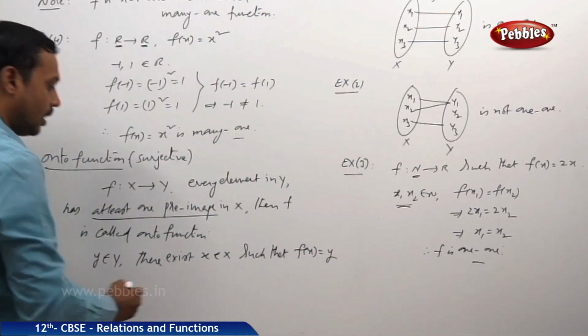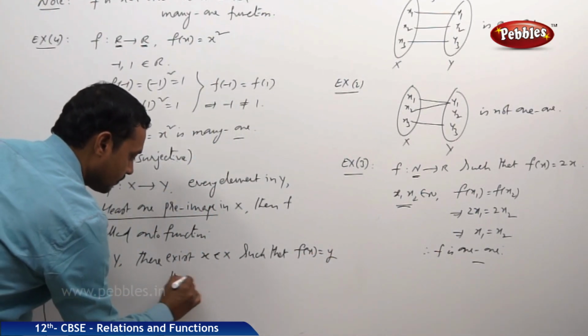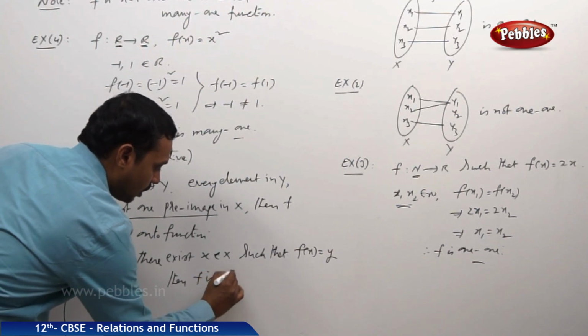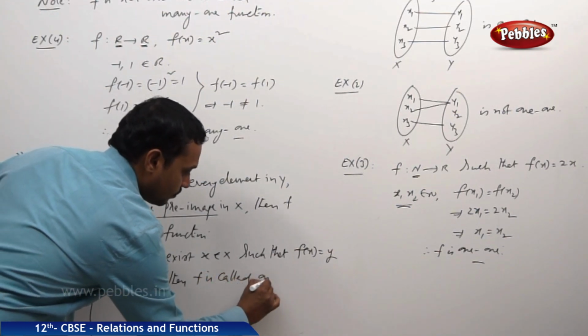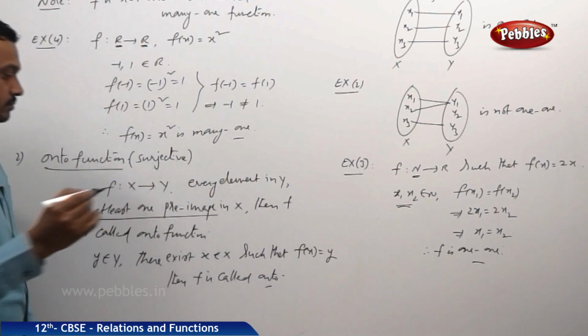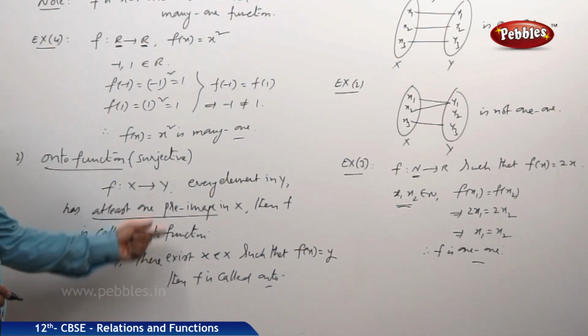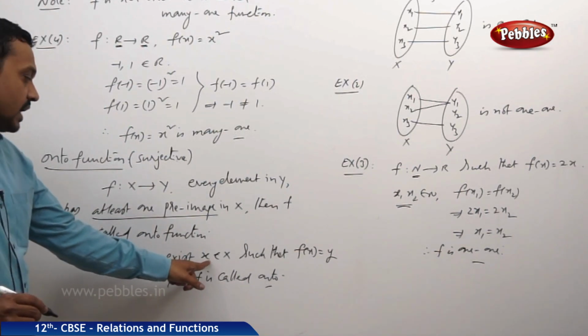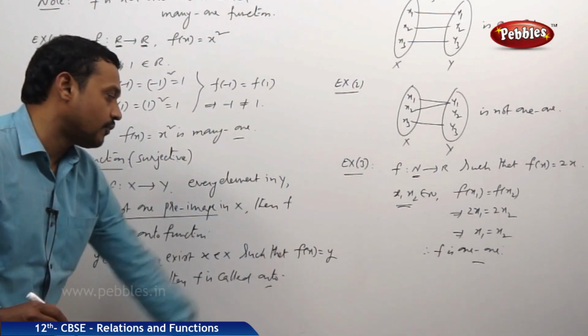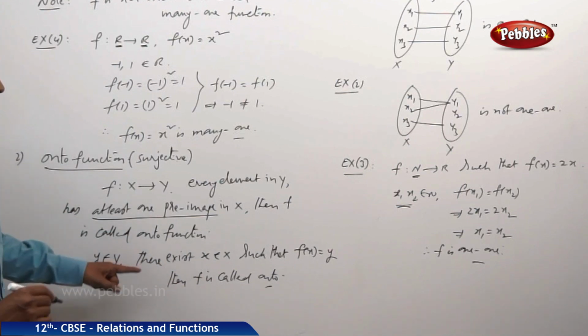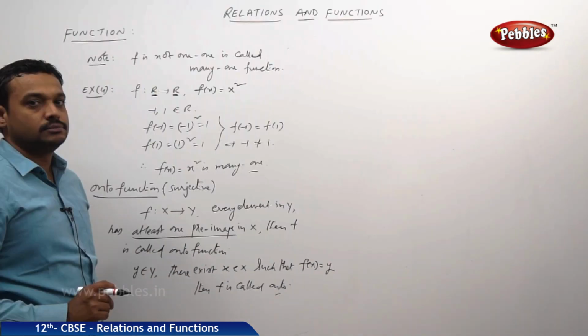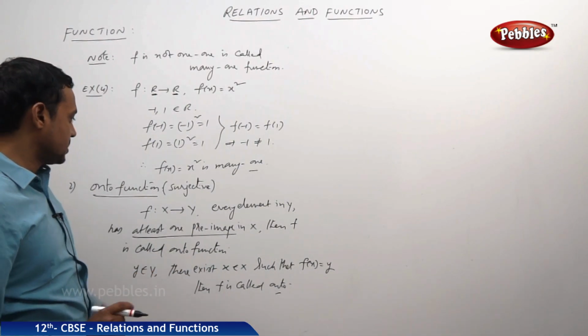Then f is called onto function. So, see, for every y belongs to Y, there exists some x belongs to X such that f of x is equal to y, then f is called an onto function. Now, let us take one example for this definition.